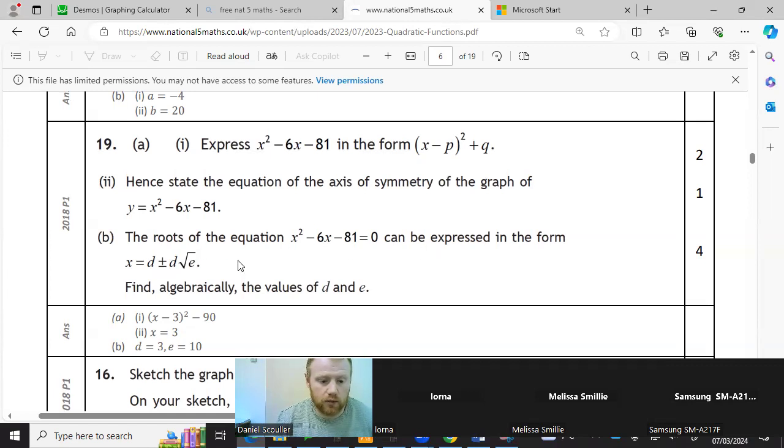The roots of the equation can be expressed, find algebraically. The roots of the equation can be expressed. What is that asking?